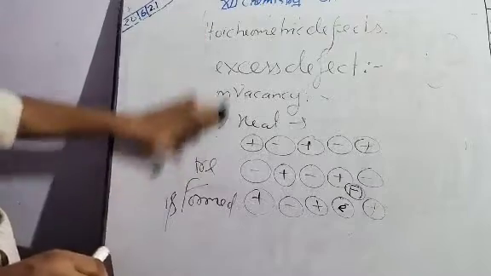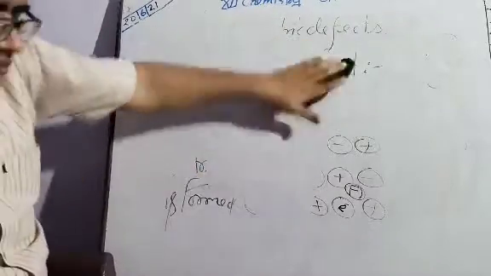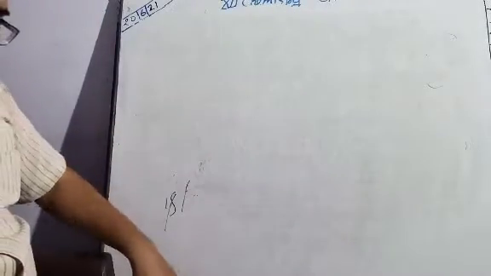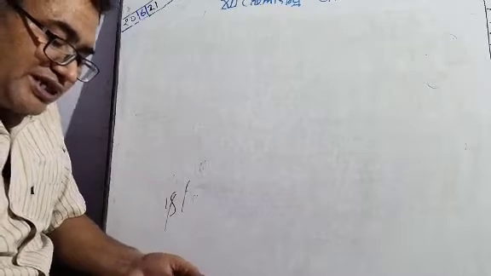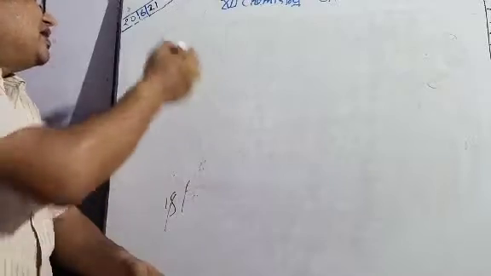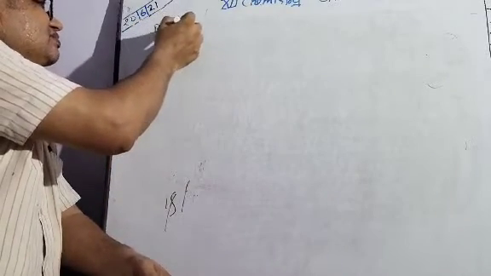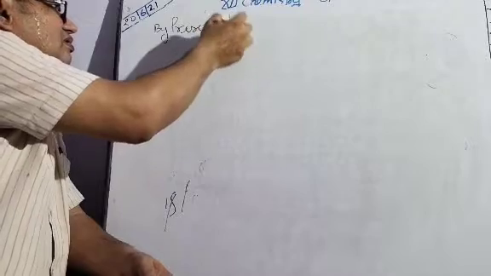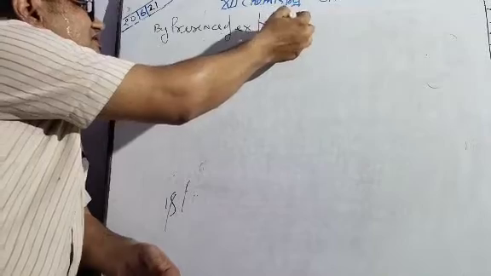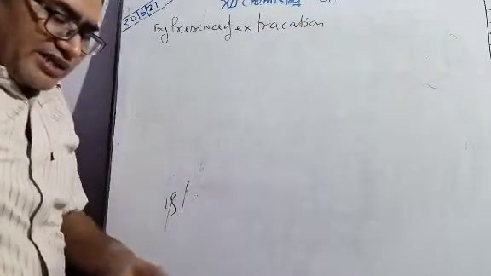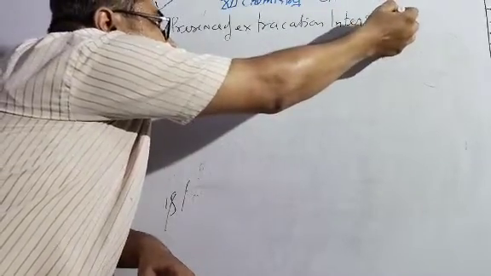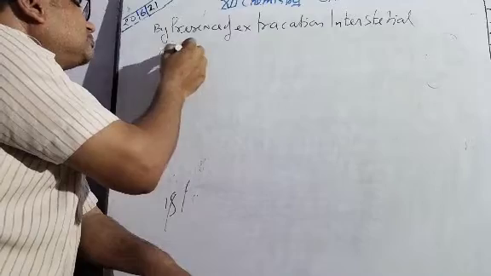But whenever we talk about zinc oxide, it is formed by the presence of extra cation at the interstitial position.